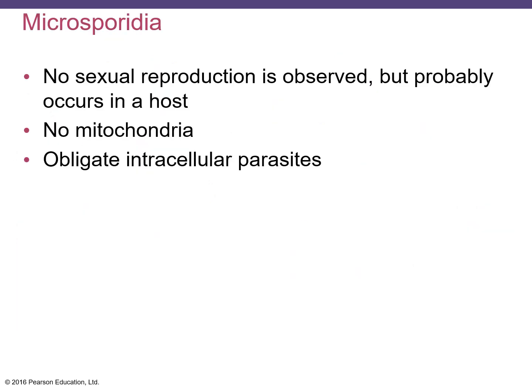Okay, microsporidia are unusual eukaryotes because they lack mitochondria. Microsporidia also don't have microtubules, and they are obligate intracellular parasites, which means they have to be inside living cells in order to reproduce. In the early 1800s, when they were discovered, microsporidians were classified as fungi.